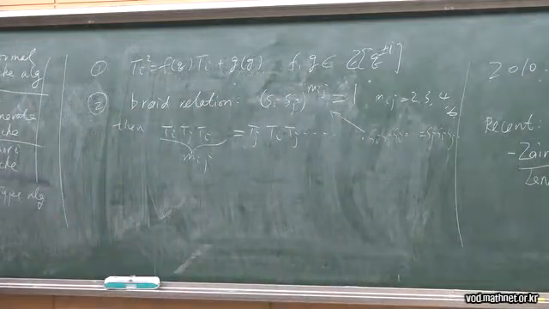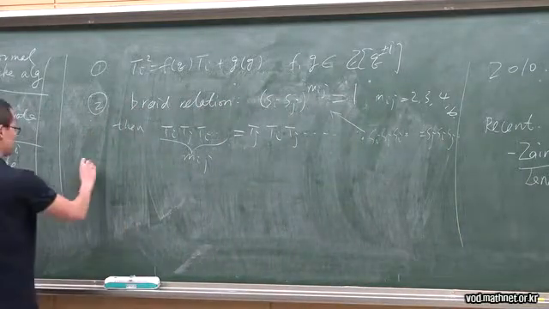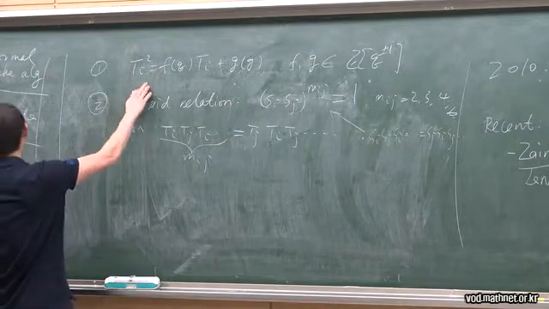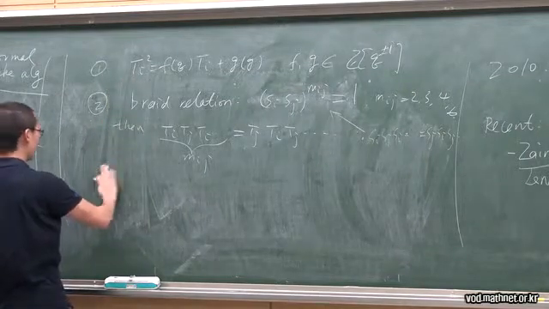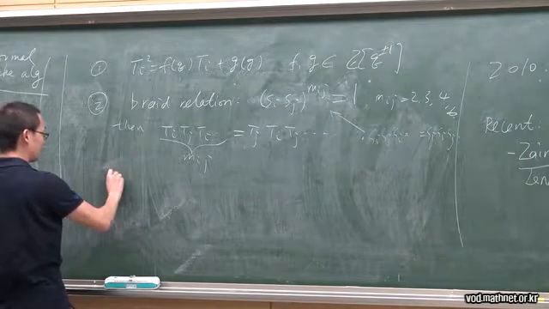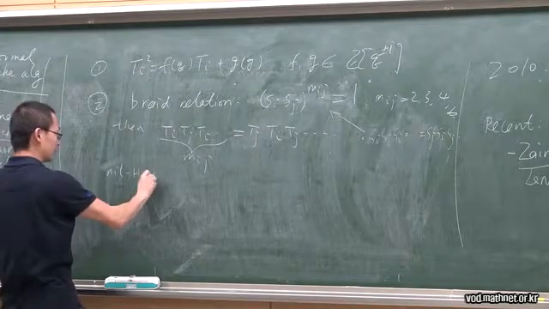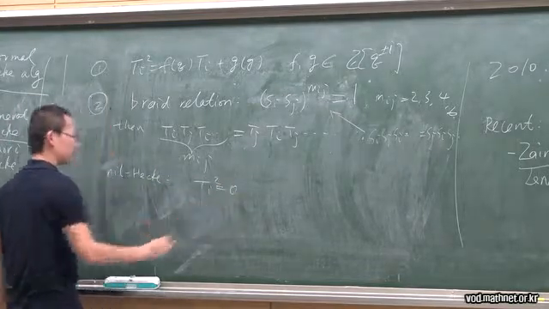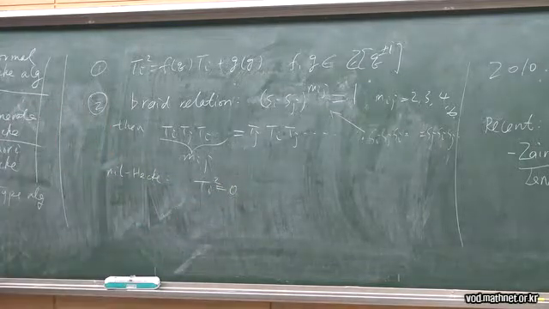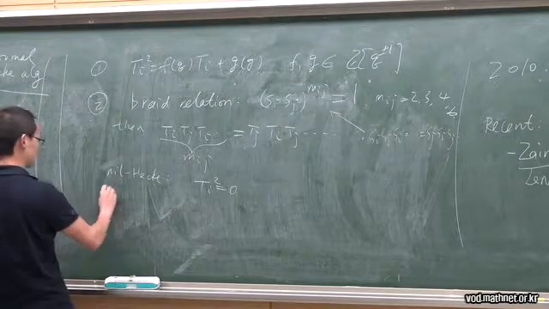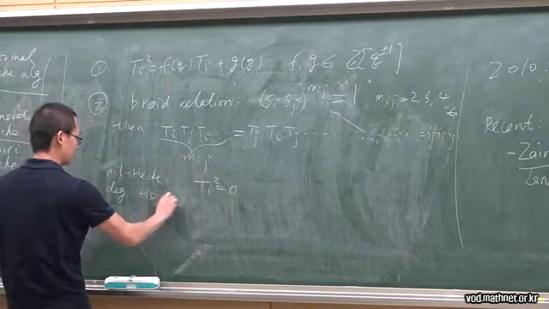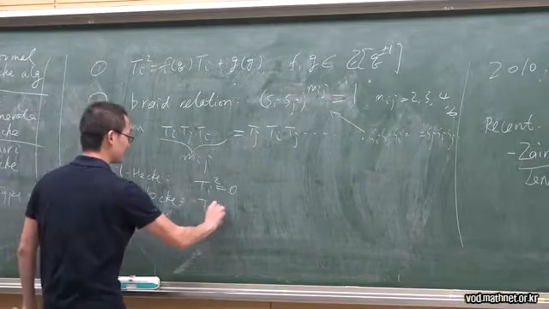So now for the four types of algebra, they correspond to special cases of this one. For the nil Hecke, what you get is Ti squared equals 0. That's why it's called nil Hecke. For the degenerate Hecke, you get Ti squared equals 1.